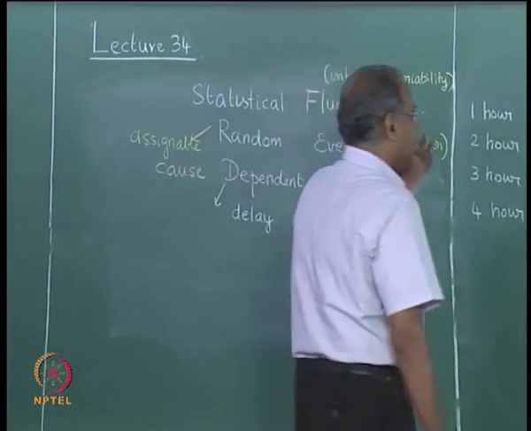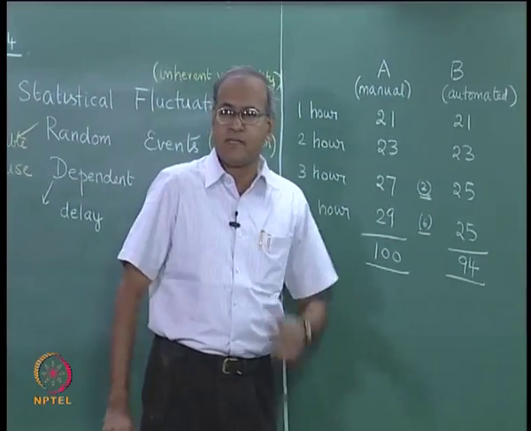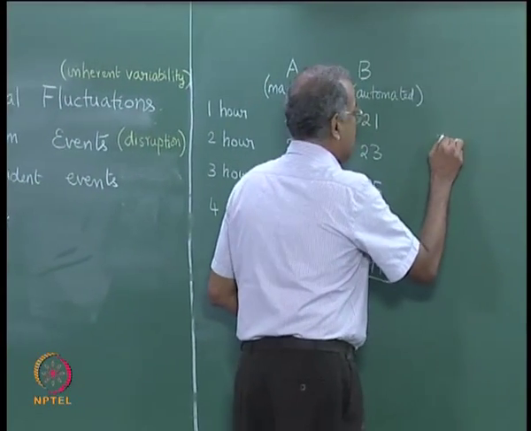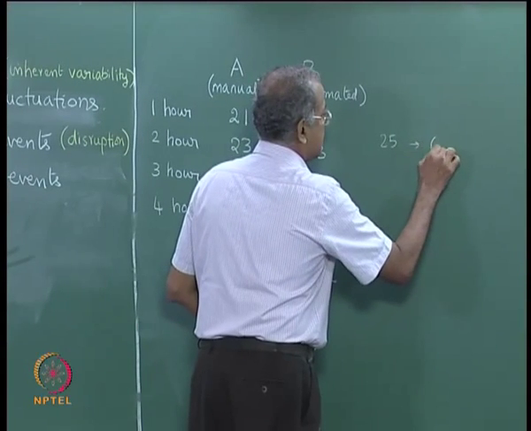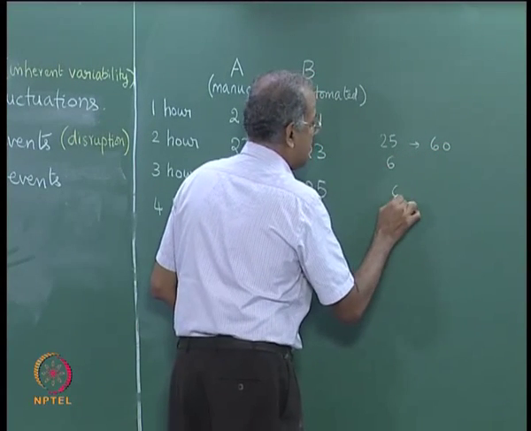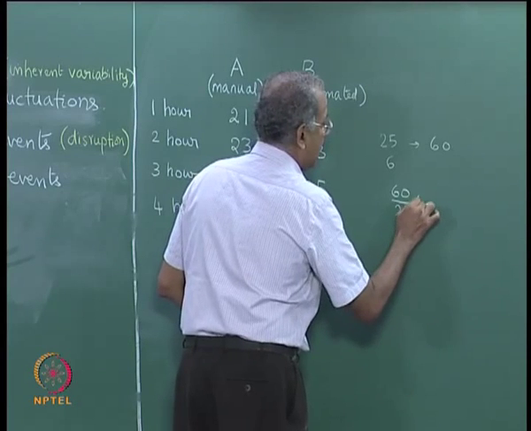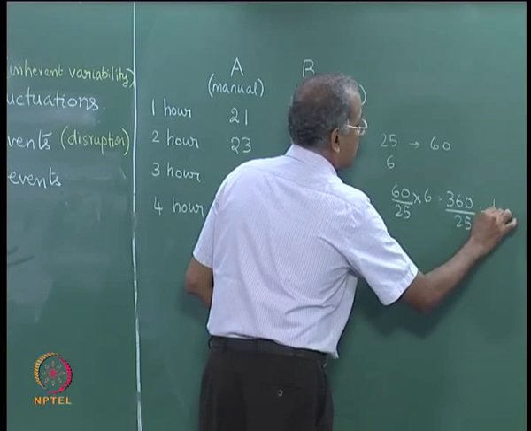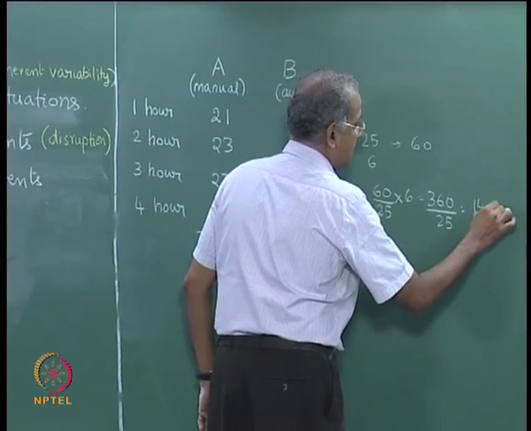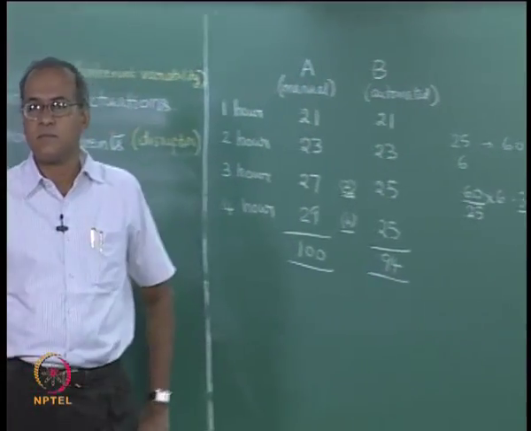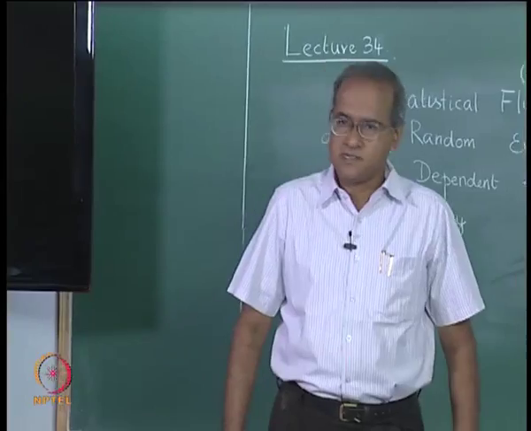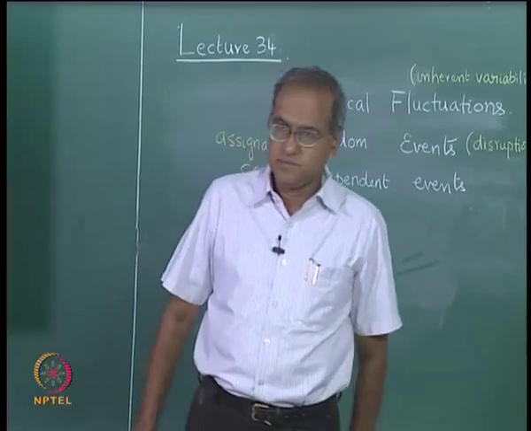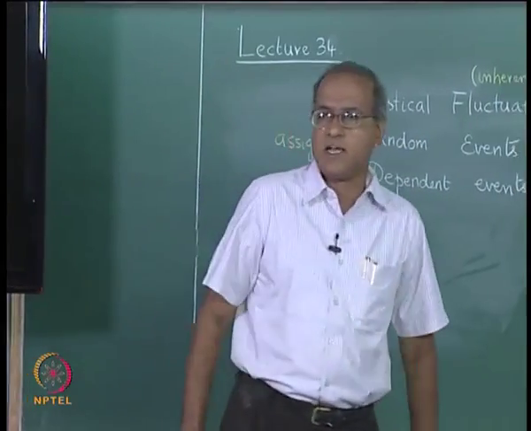The extra time needed: B can do 25 pieces in 60 minutes, so to do 6 pieces it will need 60 by 25 into 6, which is 360 by 25, which is 14.4 extra minutes. So, in 4 hours and 14.4 or about 15 minutes it will be done. Now, there are some assumptions which we will clarify.